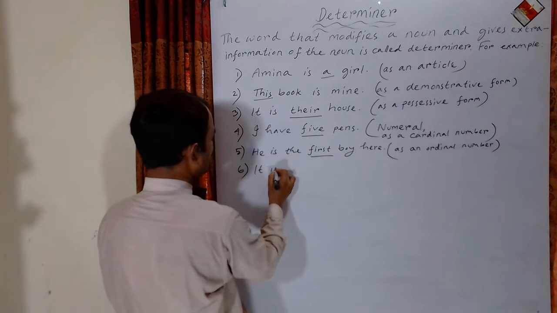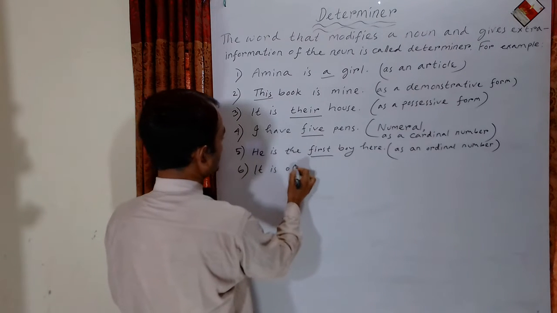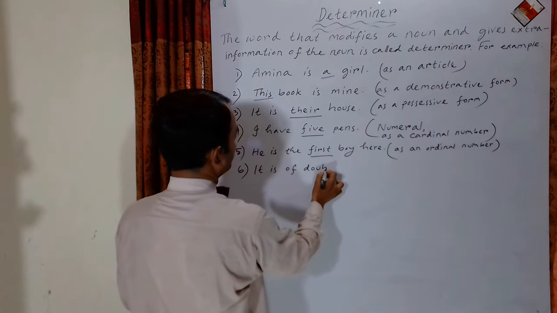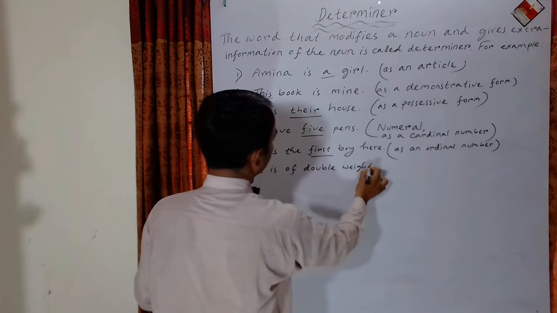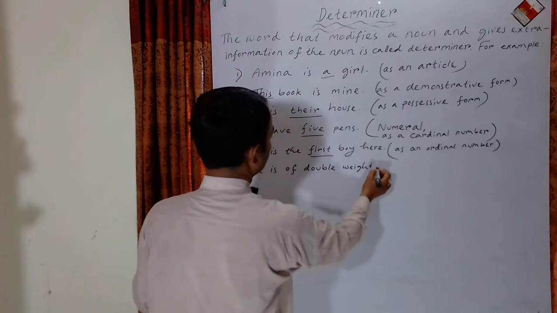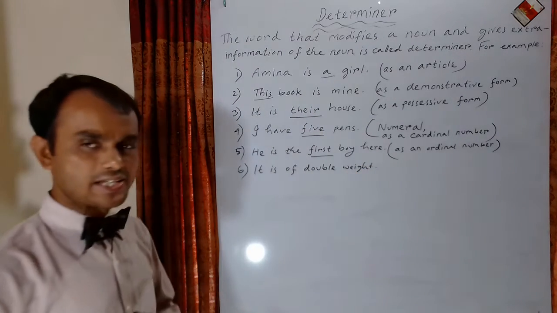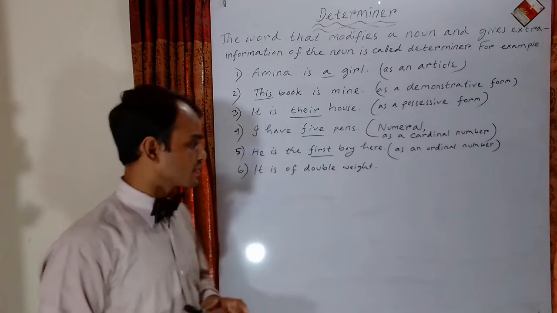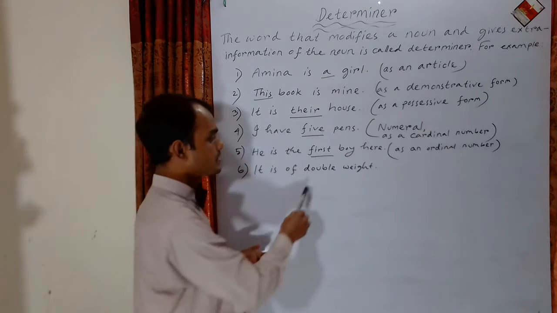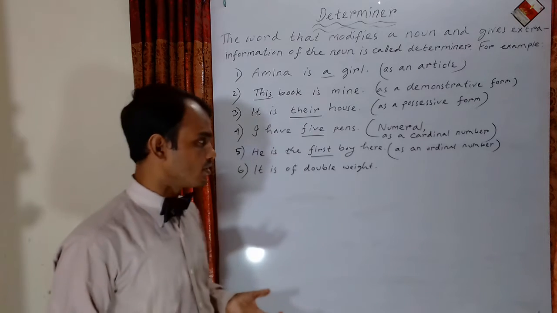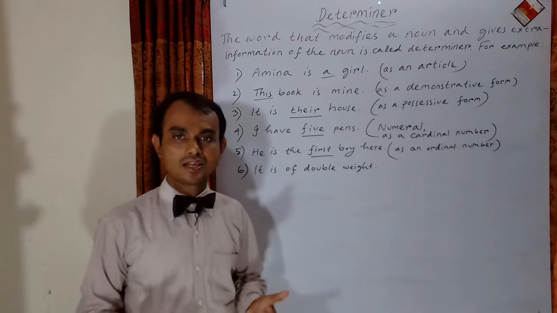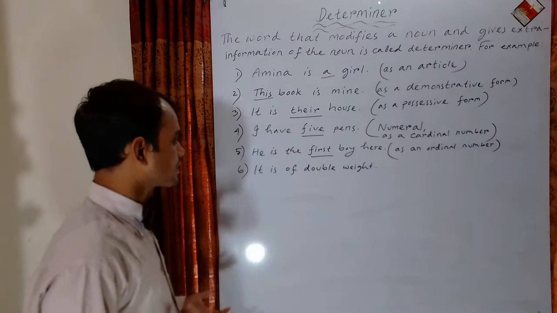The next one, six: It is of double weight. Dear student, if you look at the sentence, you will find a word double, that is a multiplicative form, a numeral multiplicative form.